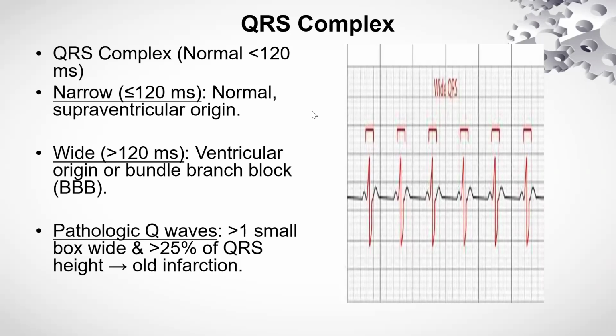Wide complexes are ventricular tachycardia, ventricular fibrillation, and what have you. When you see a Q wave that is greater than one small square, or more than 25% of the QRS height itself, it shows an old infarct, which is a pathological Q wave.